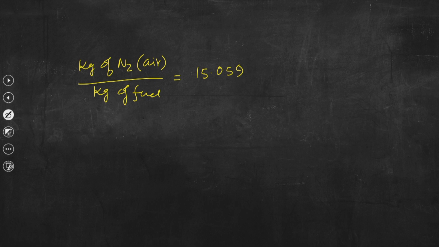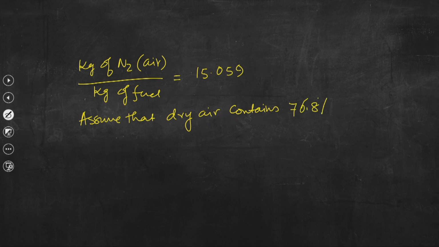Now we have to assume that dry air contains 76.8% nitrogen, that is nitrogen in the atmospheric air.